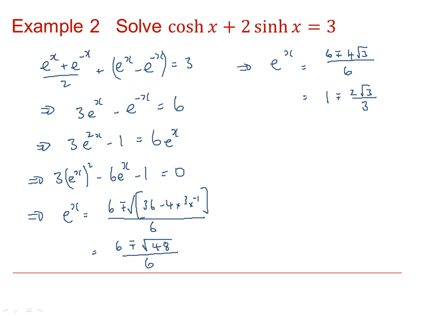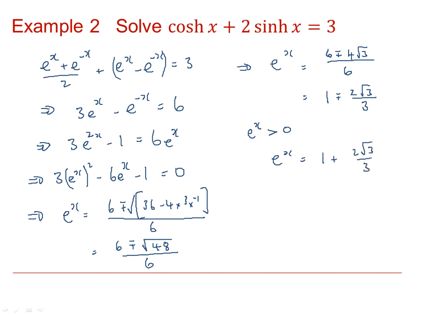But e to the x must be greater than 0, and therefore we can only have the positive value of that, which is e to the x is equal to 1 plus 2 root 3 over 3.